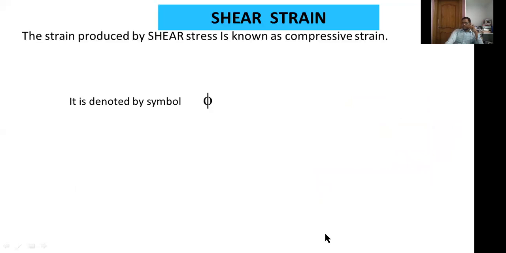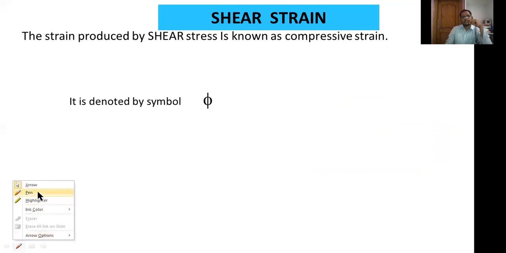Now shear strain. The strain produced by shear stress is known as shear strain.